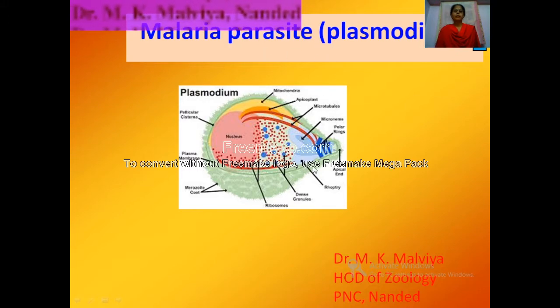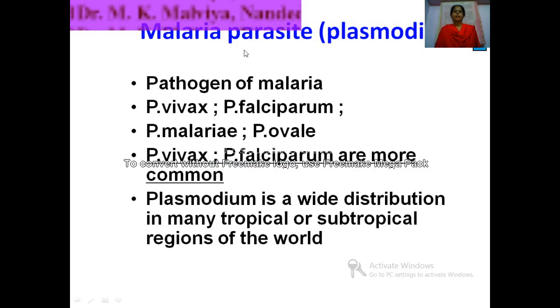Here on this screen, observe the Plasmodium parasite. It is microscopic and somewhat pear-shaped, having a piercing apical portion by which it breaks down the cells. It has a single nucleus and so on. So this malarial parasite is the Plasmodium.